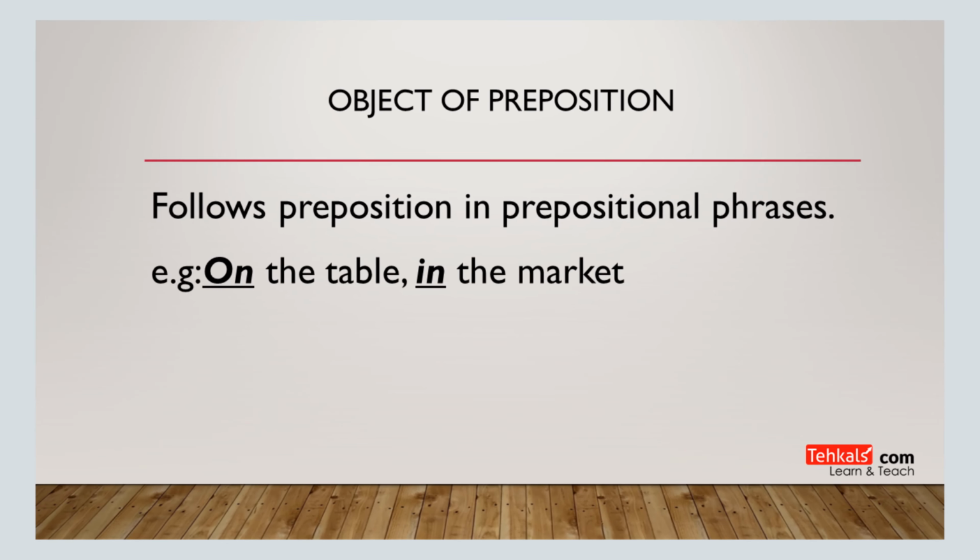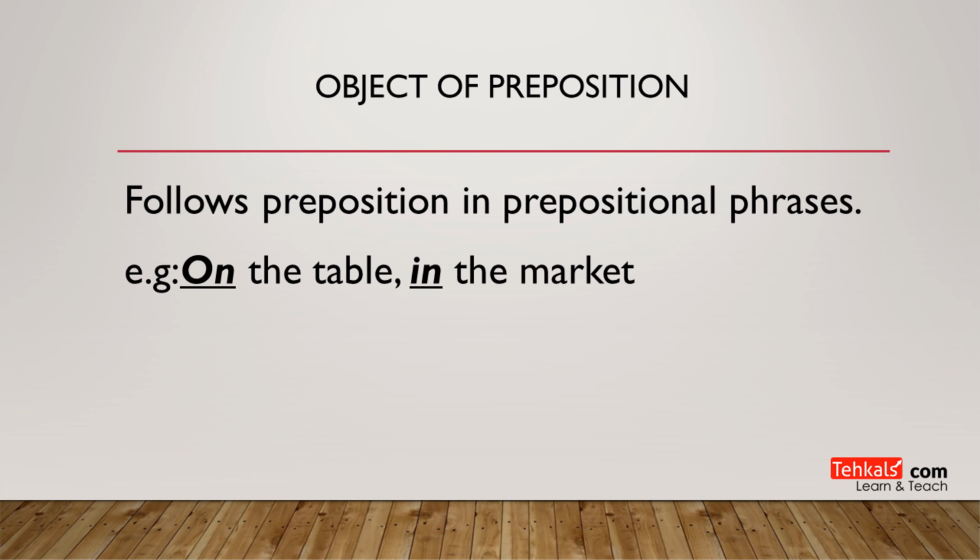Noun is also used as the object of a preposition. Nouns are also used after a preposition to create prepositional phrases. When a noun is a part of a prepositional phrase, it's known as the object of the preposition.